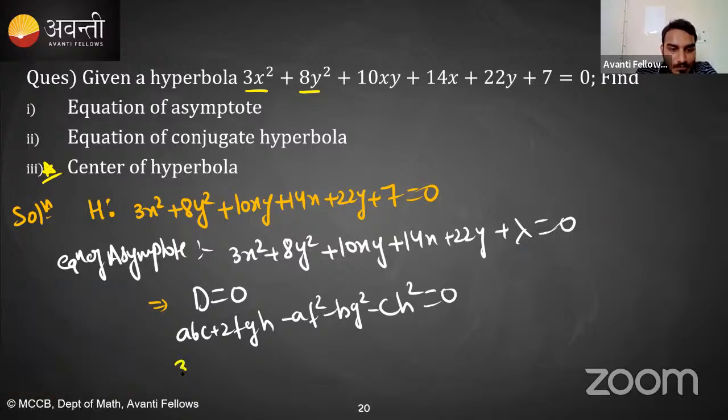What is A? What is B? Coefficient of y square, 8. What is C? Lambda plus 2. What is F?